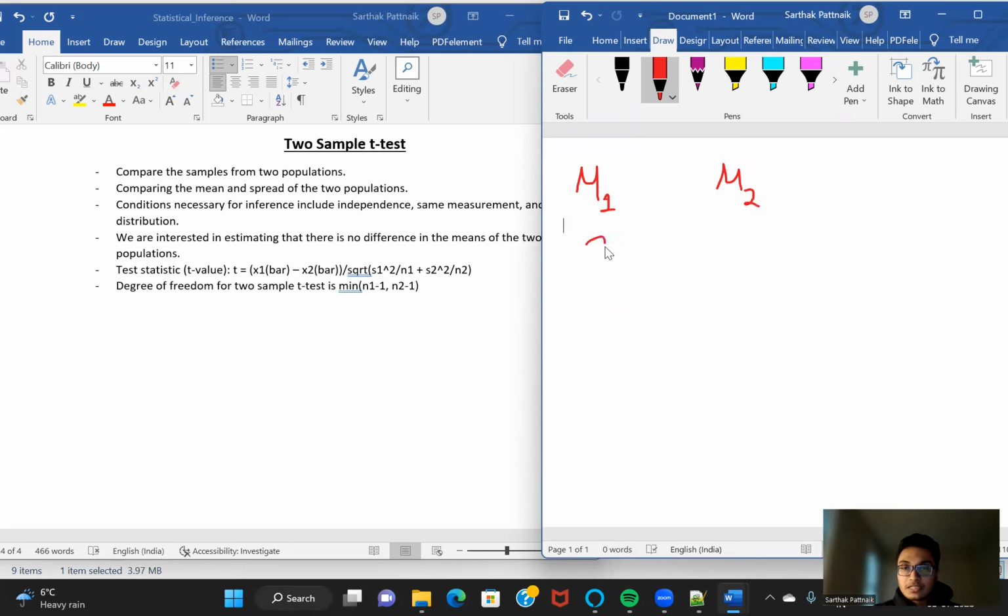We used to represent the mean of the sample taken from the population using x bar. Now, as you would have rightly predicted, here we have not one but two samples, so we'll have two sample means, x1 bar and x2 bar.